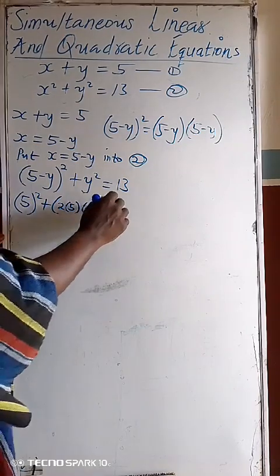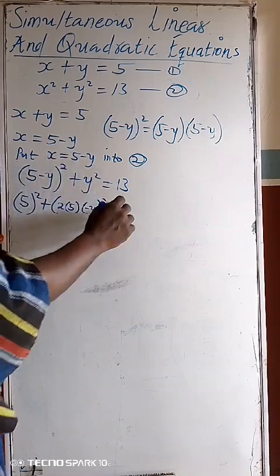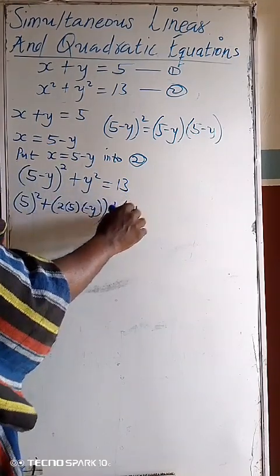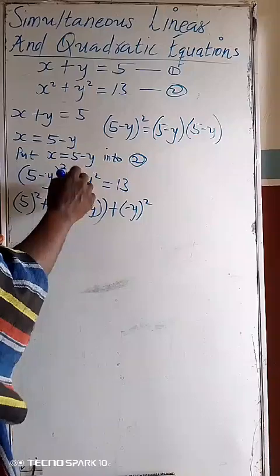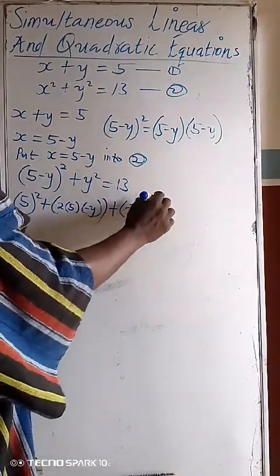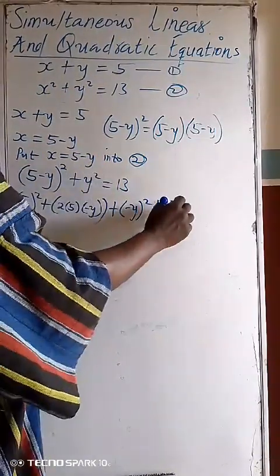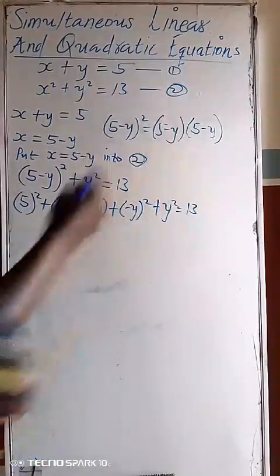Then the last term, I will square the negative y. So negative y all squared, plus y squared, which is already there, is equal to 13.